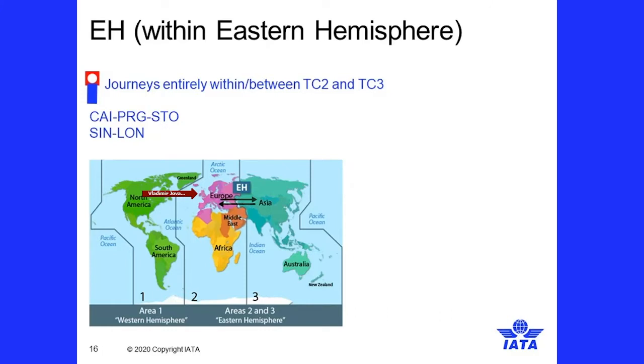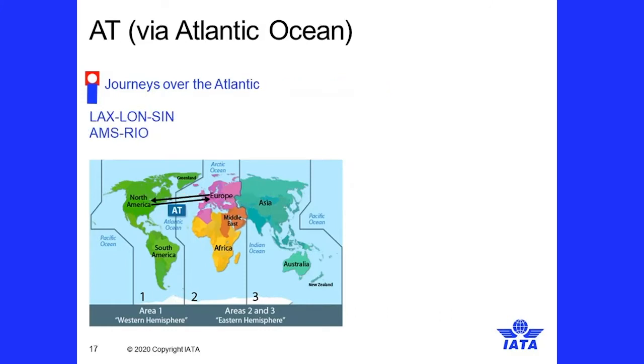Thank you. The next one, the journey involves a flight across the Atlantic, like here. The fare will be displayed as AT, Amsterdam to Rio. So from Europe to Rio, the Atlantic is crossed.